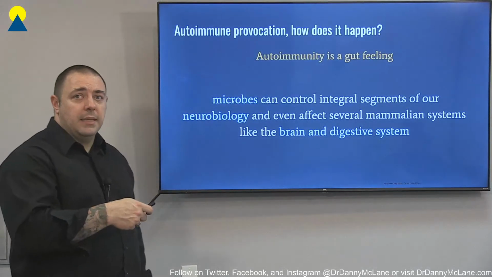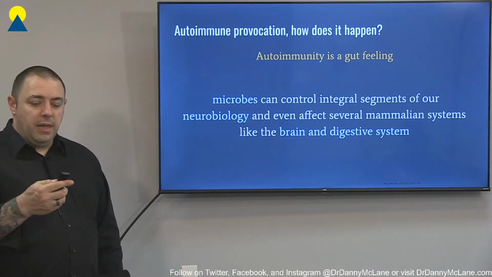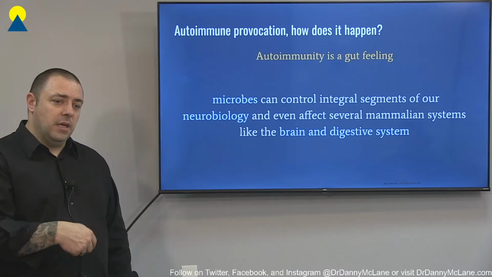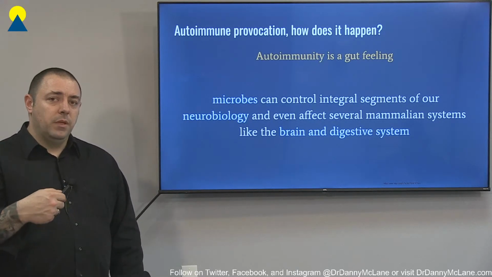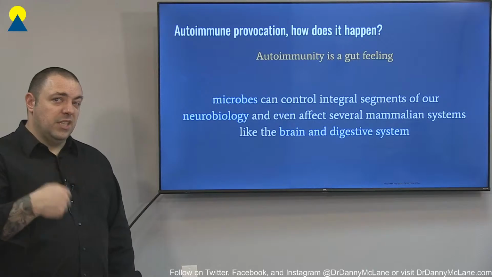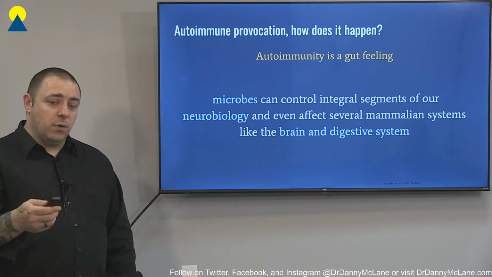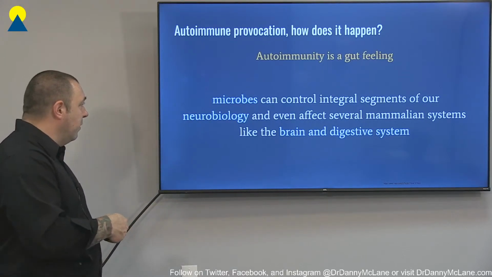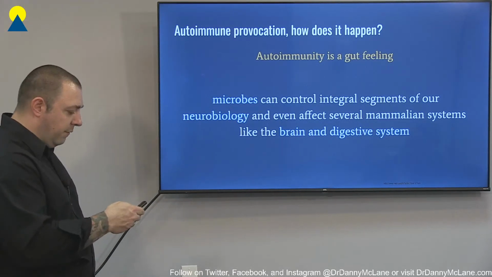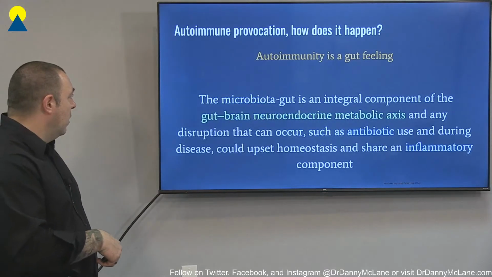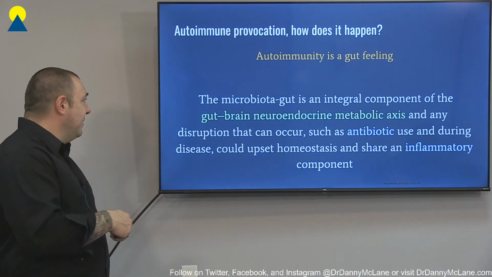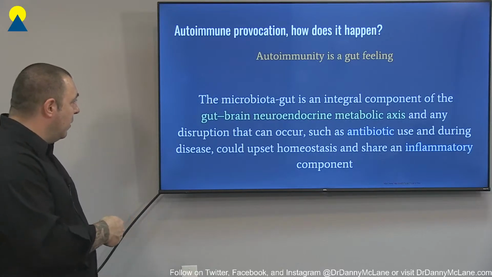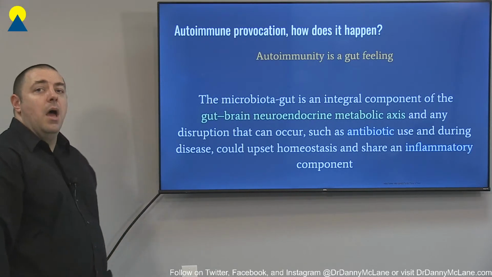If you remember back that one slide, we talked about how antibiotics with a child below the age of 6 months can affect their long-term digestive health as well as allergies and autoimmunities. That's one of the things that's being said here: you need those microbes to control your neurobiology for the brain and digestive system. Okay, the microbiota gut is an integral component of the gut-brain neuroendocrine metabolic axis.